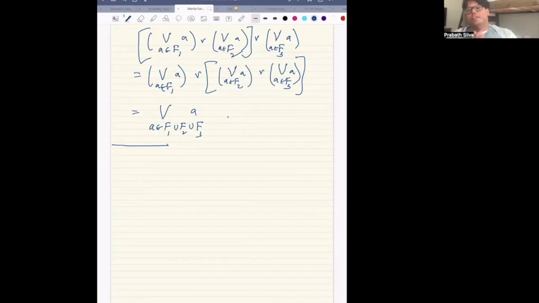Now we are getting into the really serious topic. This is the distributive properties.